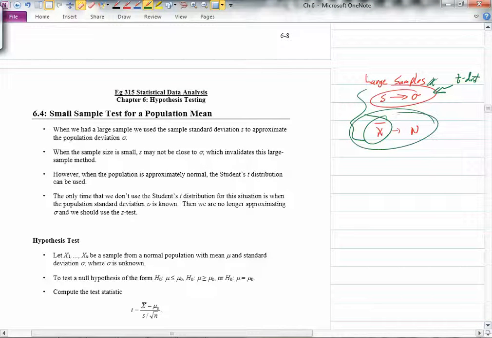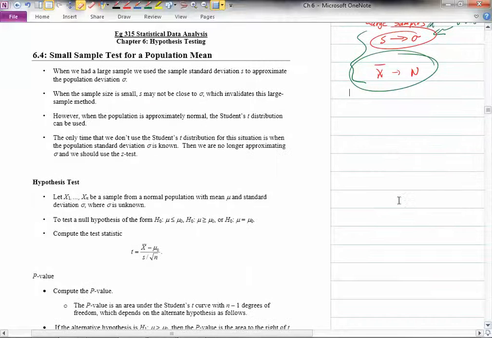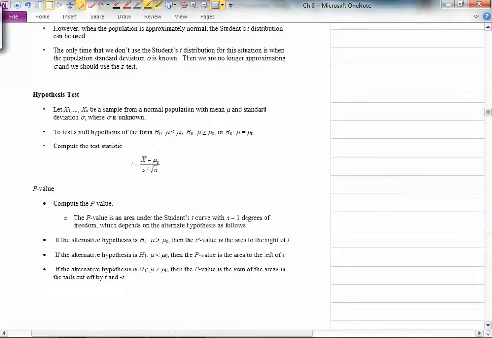And because we can't be so sure that x bar is normally distributed, we need to look at half normal plots or normal probability plots of the individual data points, and we have to assume that they are fairly normally distributed. So the t-distribution is the same as it was before.